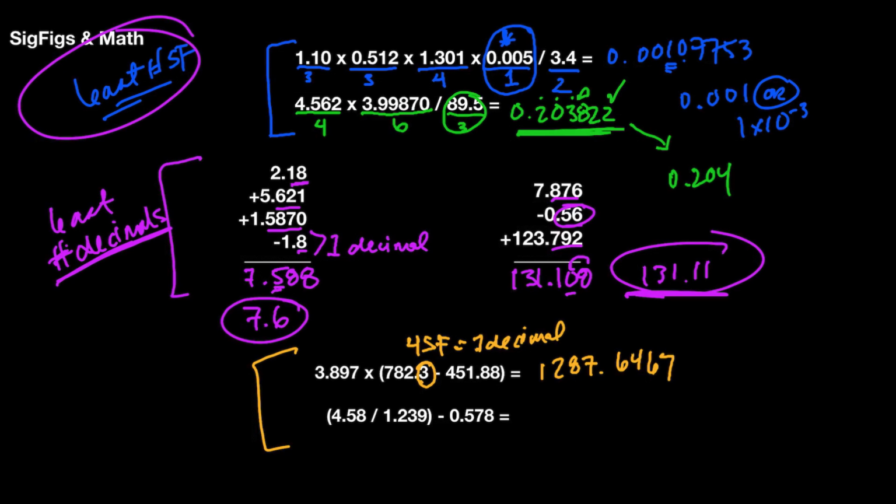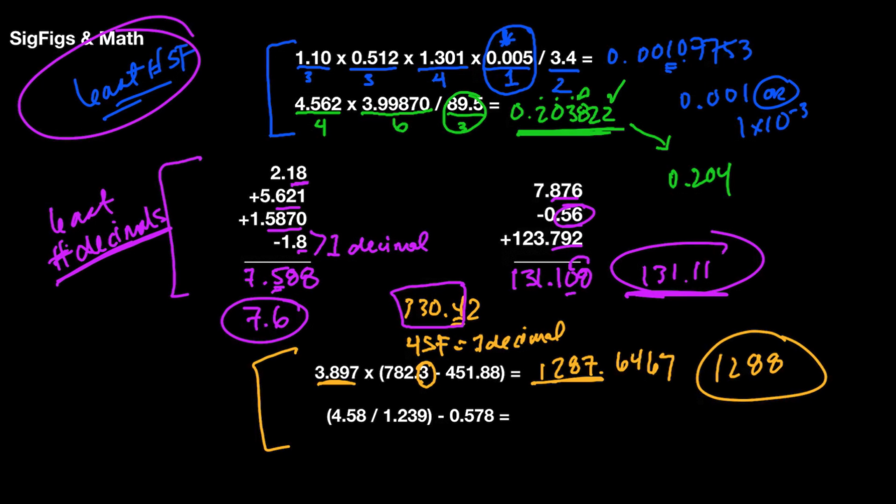Here it might help to come up with that number. If I take 782.3 and I subtract 451.88, I get 330.42, which, if I keep 1 decimal, is 4 sig figs. Do you see that? And then this one has 4 sig figs, which means I'm going to cut this to 4 sig figs. So 1288 is my final answer.